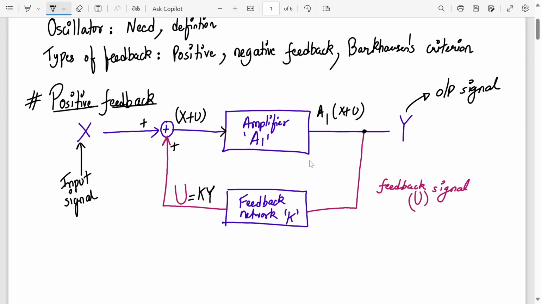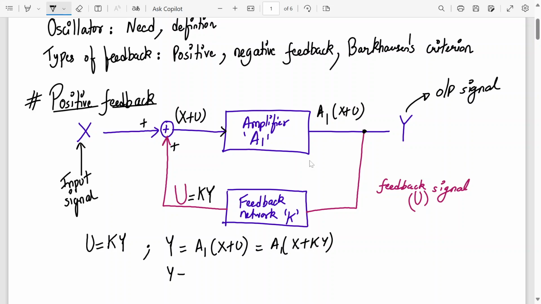So I can say my feedback signal is K into Y, and my output Y is given by A1 into (X plus U). So instead of U, I'll substitute what now? K into Y. So now I'll take Y common: Y minus A1KY is equal to A1X.